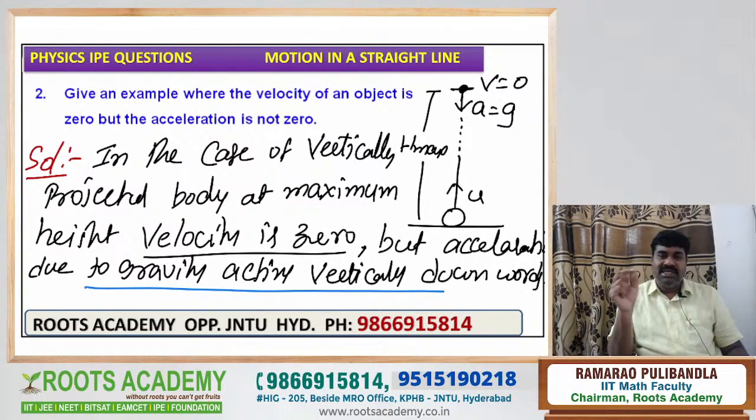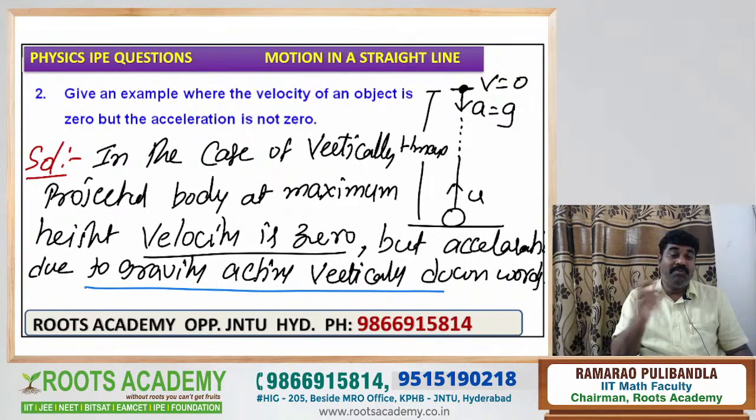So in the case of a body projected vertically upwards, at the maximum height, velocity is 0, but acceleration is not equal to 0; it is acting in the vertically downward direction. That is okay.